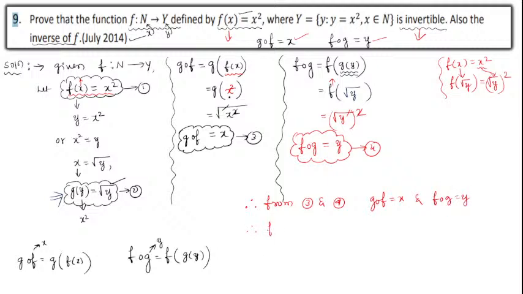Therefore the given function f of x is invertible, hence its inverse exists. The inverse f inverse is equal to g of y. Here g of y is root y, which is the inverse of your function f.